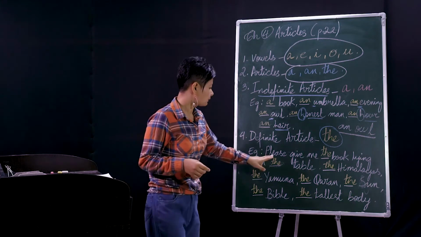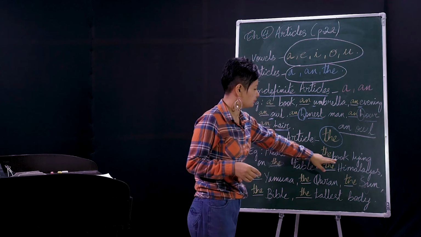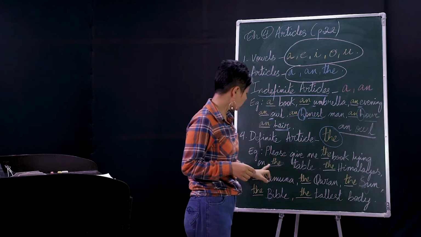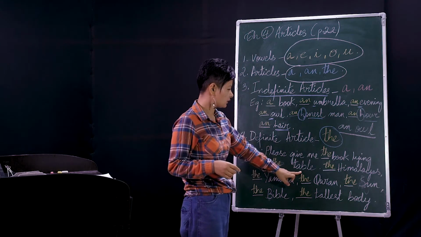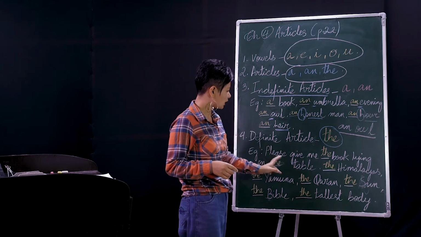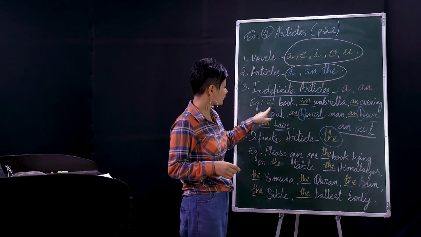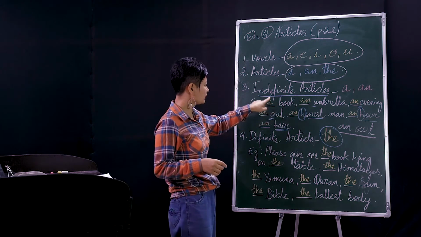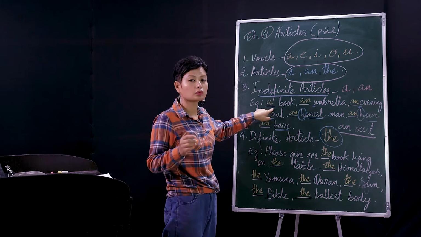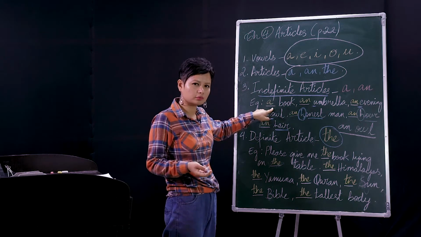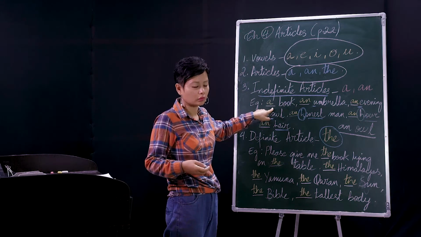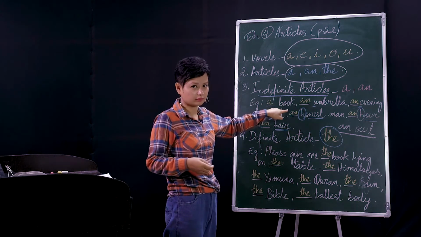See, please give me the book lying on the table. So here we are using the article the, isn't it? When we say a book under indefinite article, then we don't know which book, isn't it? Which kind of book or where it is lying, we don't know. So it is just a general term, right?